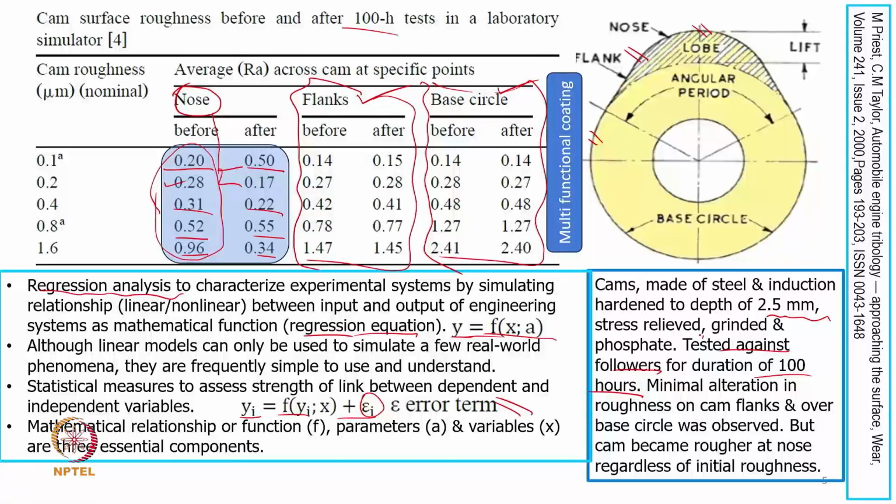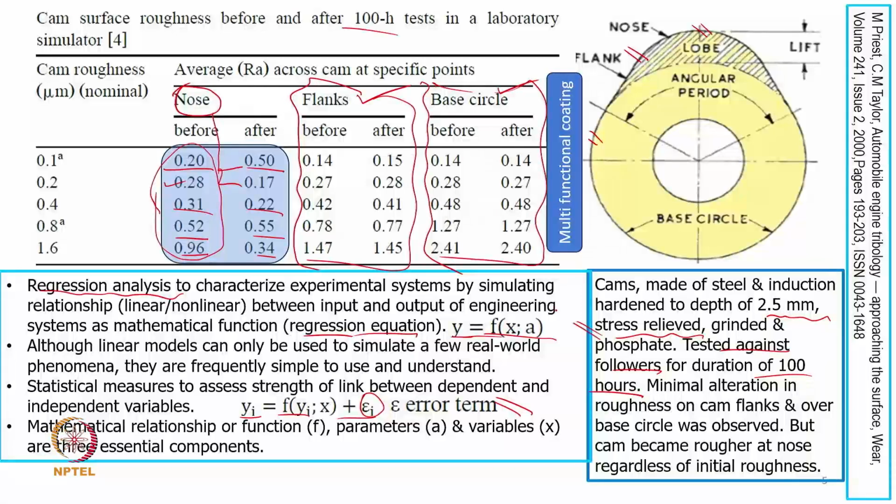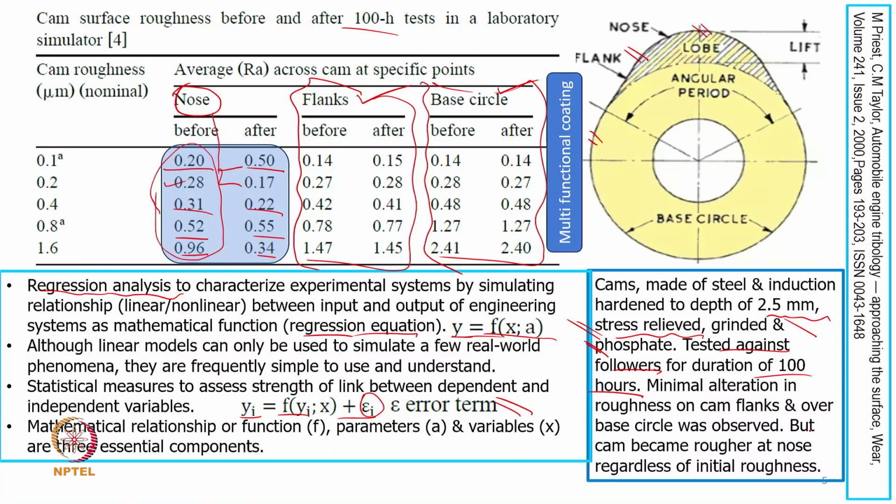And all the things have been done. It is not that the manufacturing of the cam was bad. They write very clearly that stresses were relieved, proper grinding was done, and phosphating was also done, so that lubrication properties can be imparted to the cam follower mechanism.